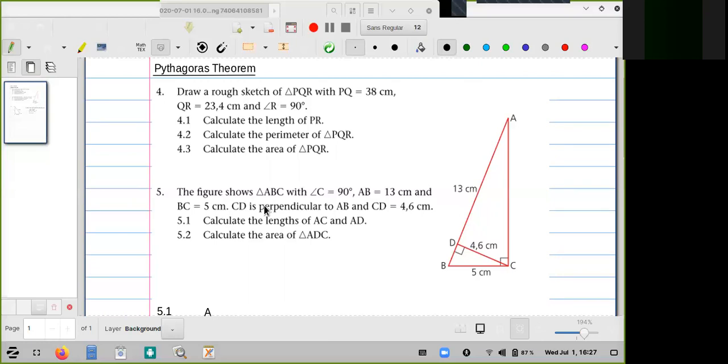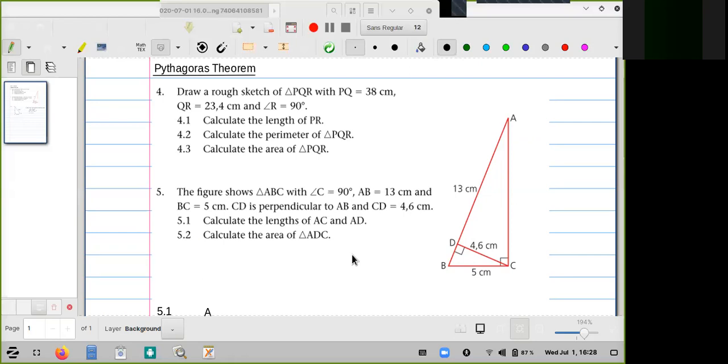Then CD is perpendicular to AB, which means line CD is 90 degrees to AB, at right angle to AB. All that means the same thing: perpendicular, right angle, 90 degrees. Then CD was 4.6. All that information is shown in the diagram. Then calculate the length of AC and AD.